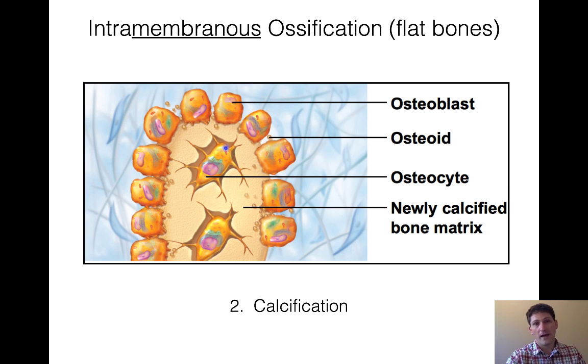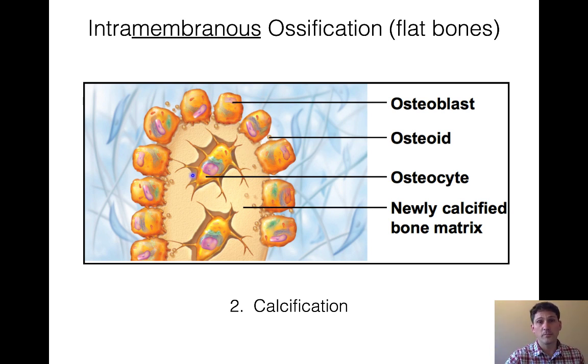So as the osteoid has been deposited around our osteoblasts, eventually that osteoid starts to become calcified and gets really, really hard. Again, it's like our analogy, building yourself inside of a brick wall.